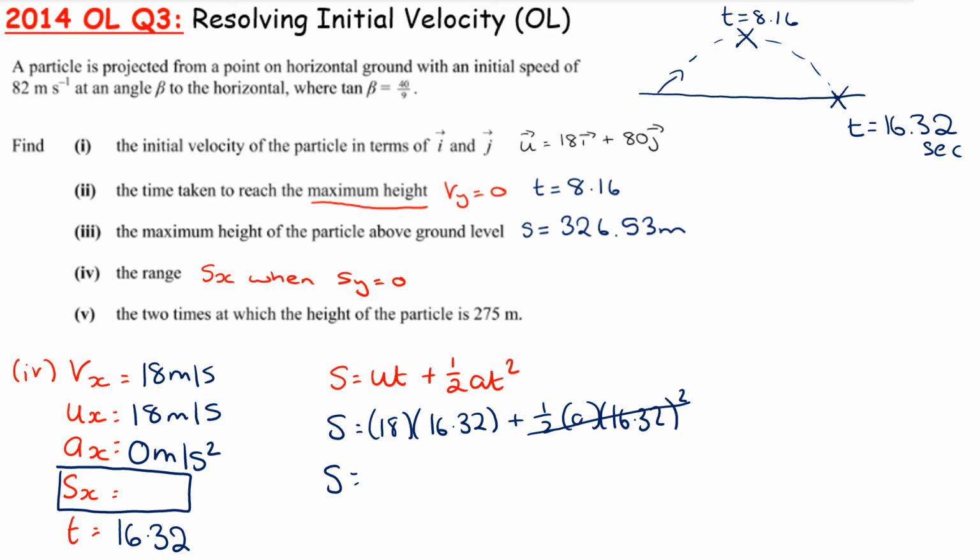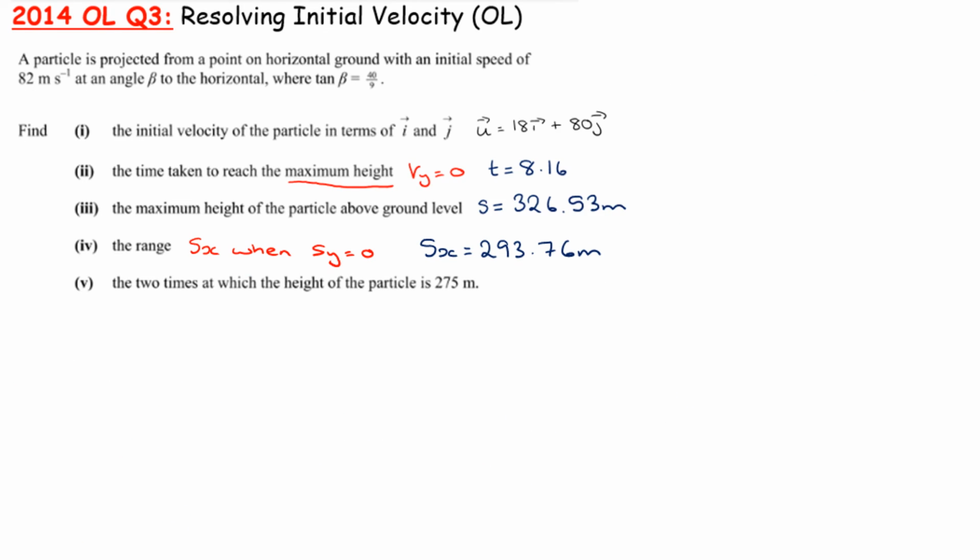So the distance is just speed by time because there is no acceleration. And we end up with 293.76 meters. So that is our range Sx, 293.76 meters.